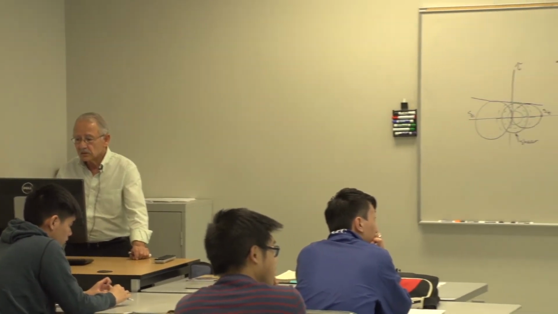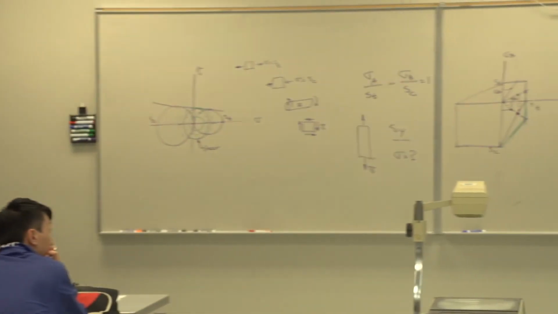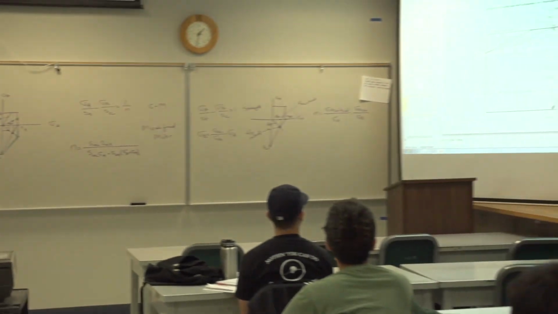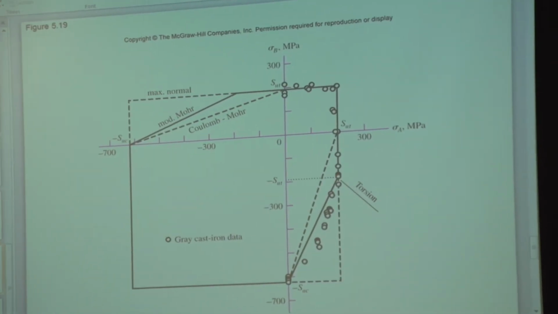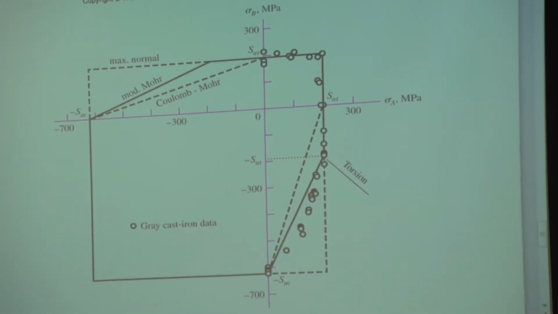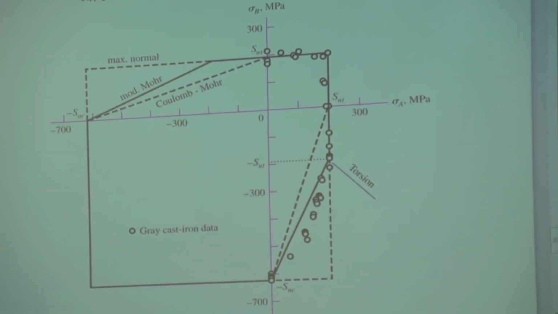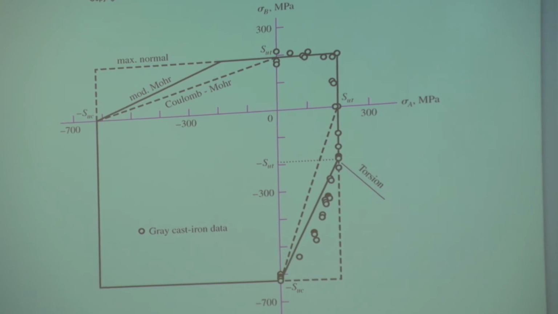Okay, let's see. I think we've covered all of this. Yeah, here, this I want to show you. Those are experimental points. And as you can see, they agree much, much more with the modified Mohr than they do with the Coulomb-Mohr.